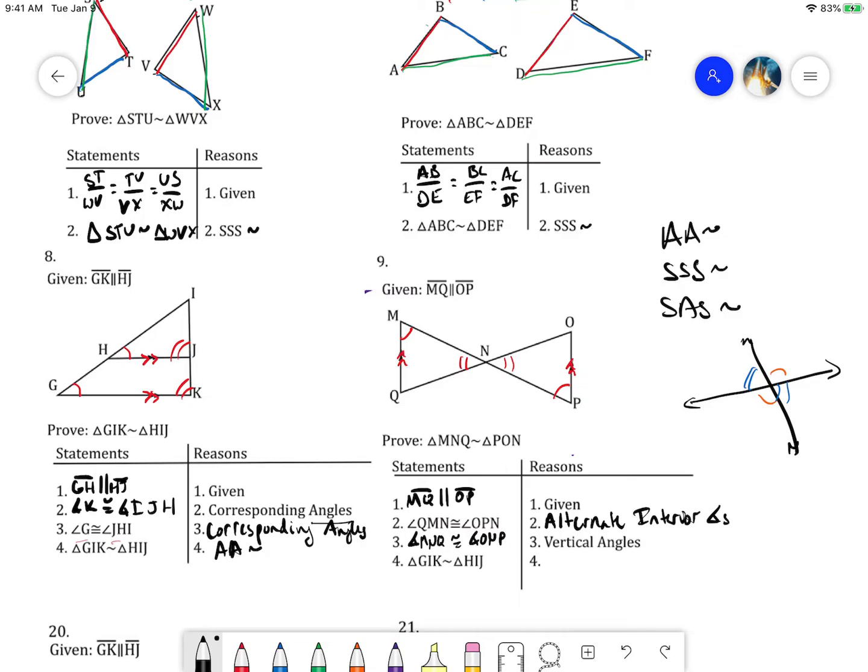lot of you guys kind of see, hey, those are the exact same thing. All right, but if you look, the way that we write angles is very crucial. Okay? MNQ is a lot different than NMQ. So remember that middle letter that we use, that's the vertex of my angle.